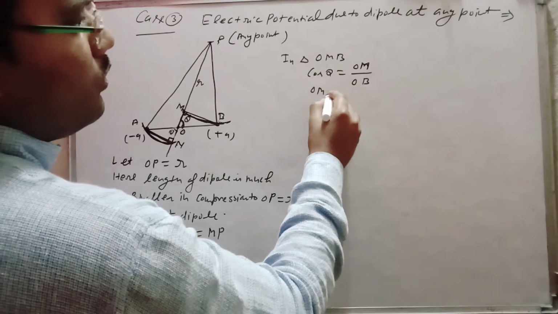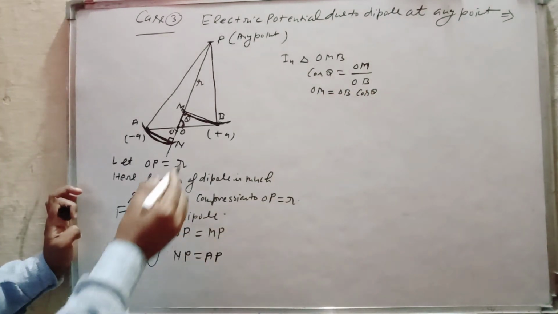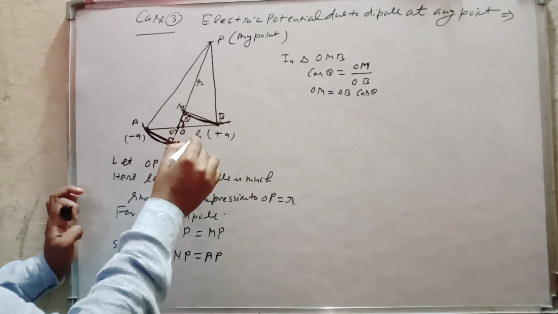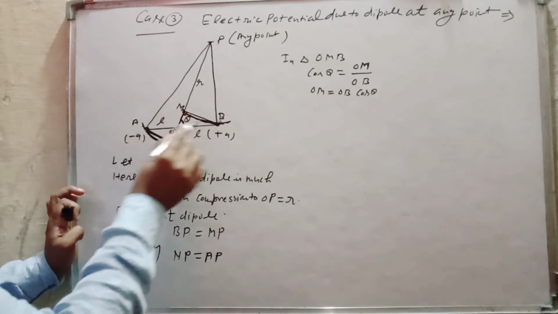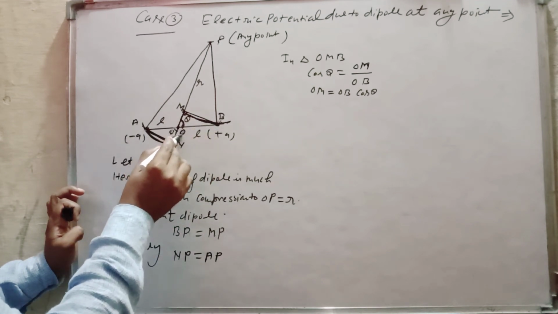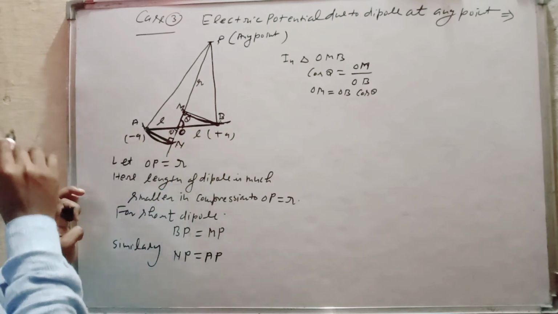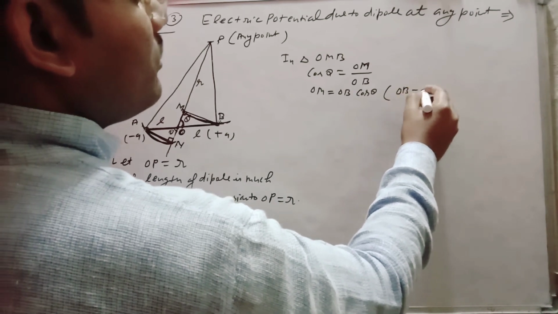Now here OM is equal to OB cos theta. But what is the value of OB? The value of OB is L, because the total length of the dipole is 2L and O is the midpoint, hence this length is L and this length is L. Now OB is equal to L.